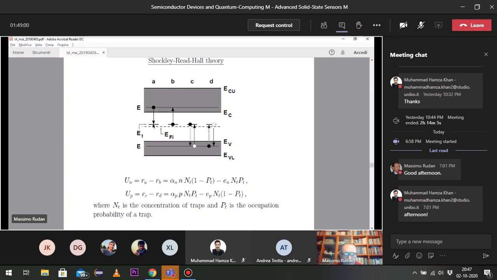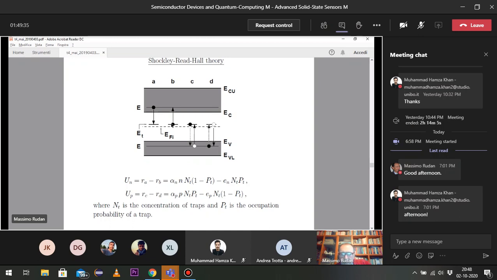Why? Because the only mechanism by which one electron can move from one trap to another is the quantum effect called the tunnel effect, okay? And the tunnel effect becomes significant if the distance between the two traps involved is small, okay?